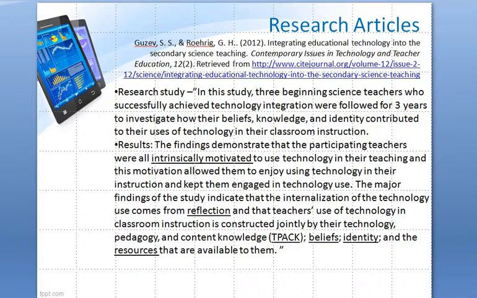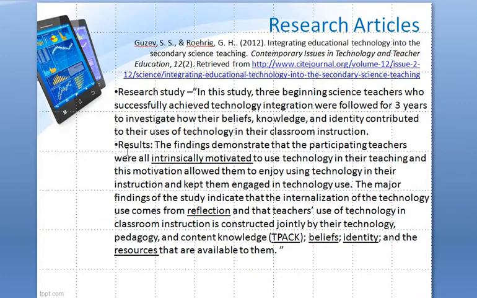The next research article is entitled Integrating Educational Technology into the Secondary Science Teaching. In the study, 3 beginning science teachers who successfully achieved technology integration were followed for 3 years to investigate how their beliefs, knowledge, and identity contributed to their use of technology in their classroom instruction.